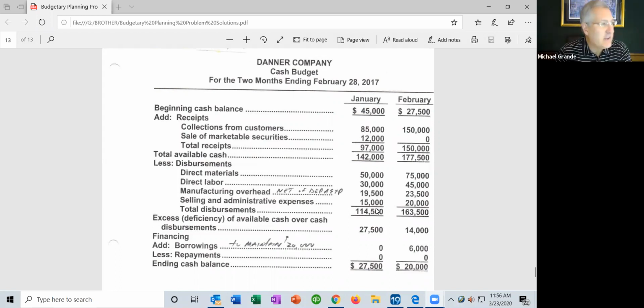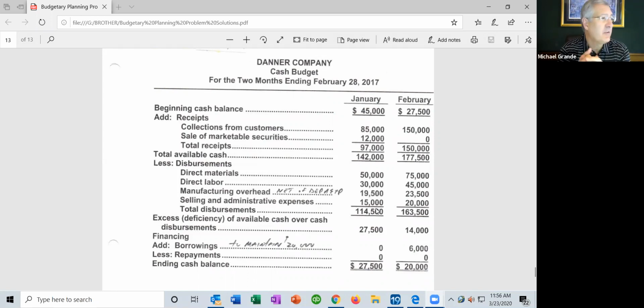Add cash receipts. So what are they collecting cash? They told you they collected $85,000 from customers in January. And they also told you they sold some marketable securities where they realized $12,000 in collections. Total receipts, 85 plus 12 is 97. Add that to the beginning cash balance. They have cash available of 142,000.